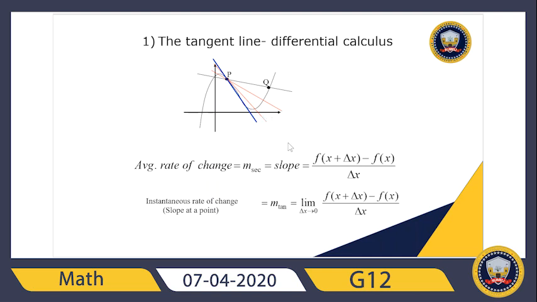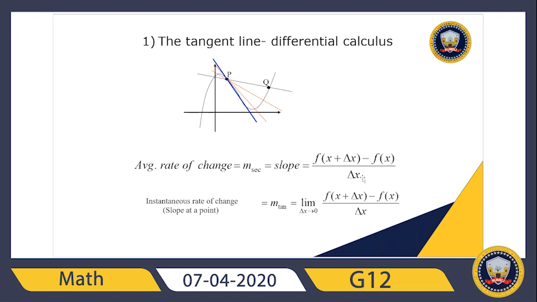Instead of writing the y's, I would write f(x). Take a random point x, and a slight change in this x, which is delta x. So the second point is x plus delta x, over x2 minus x1, which is delta x, the change in x's.